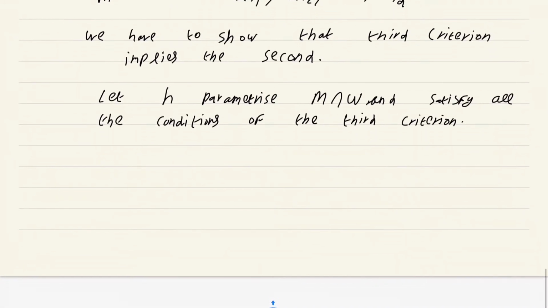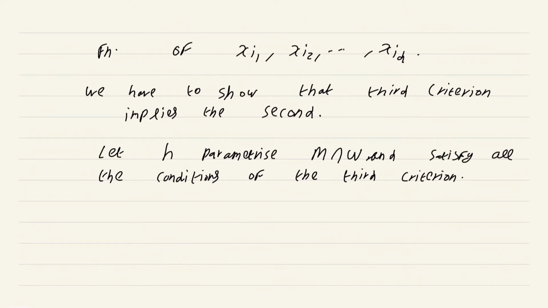Okay, we must somehow manufacture a function whose level hypersurface is going to coincide with this M, at least locally.